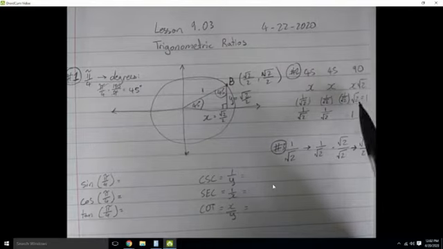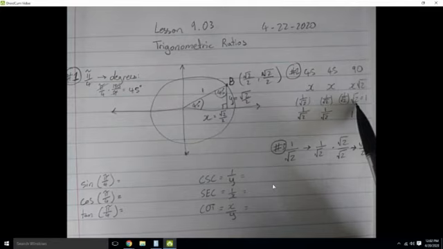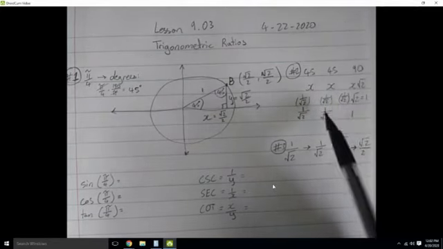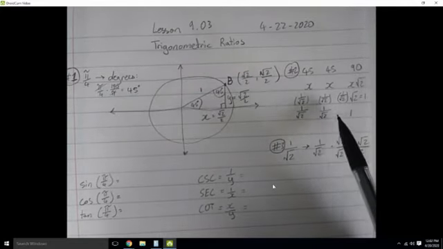So we set up a simple algebraic expression to say what value times root 2 is equal to 1. And that value is 1 over root 2. So that would mean that for both of the sides, it should be 1 over root 2 apiece.